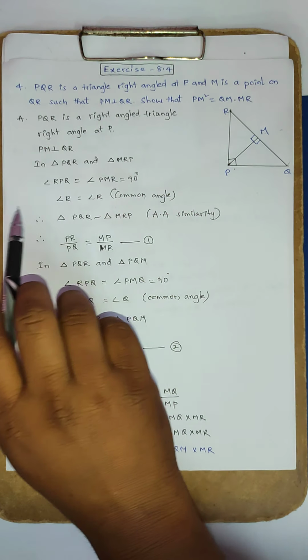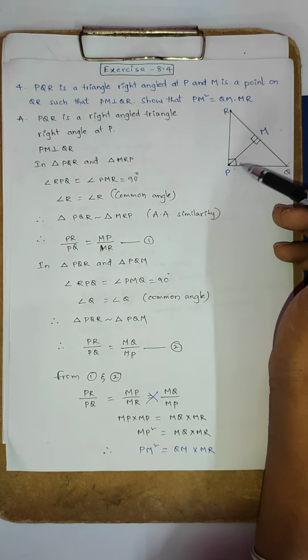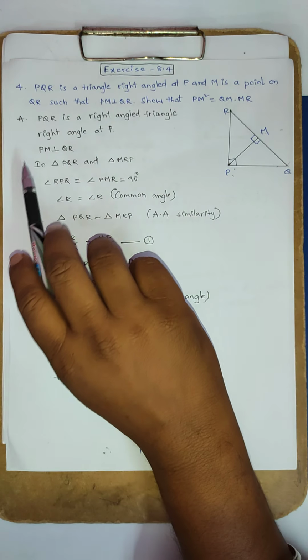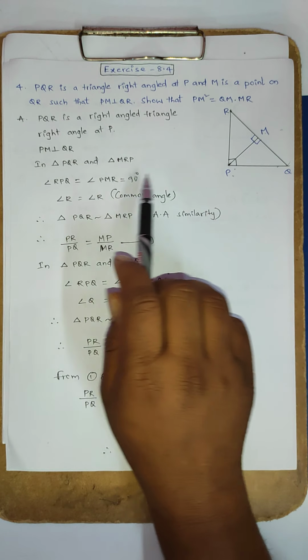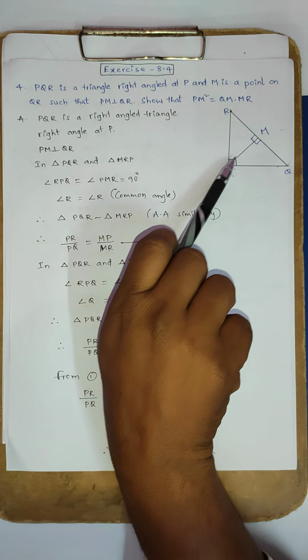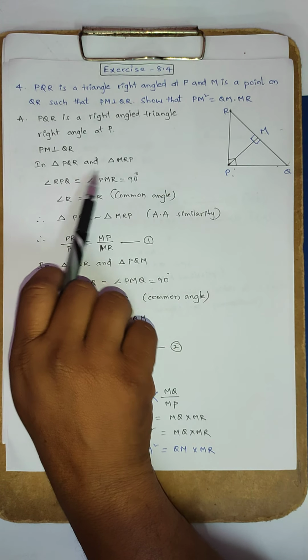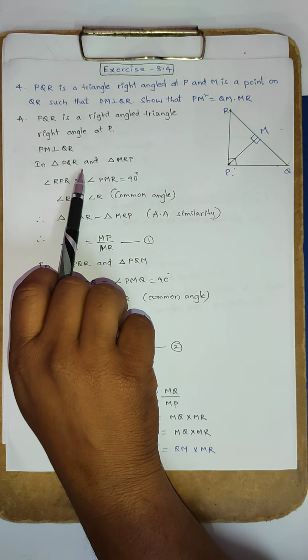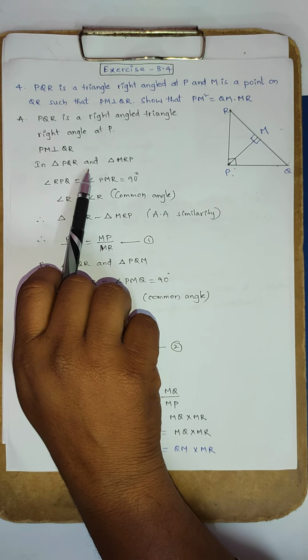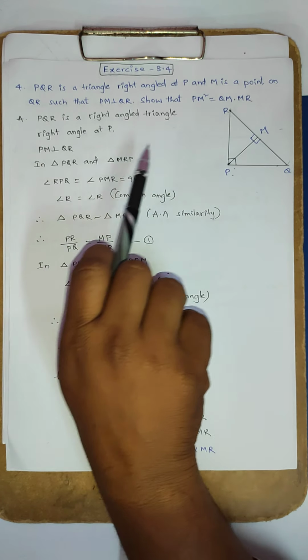This is a theorem. PQR is a right angle triangle, right angle at P, and PM is perpendicular to QR. Consider the total triangle PQR and the triangle MRP, this above triangle.